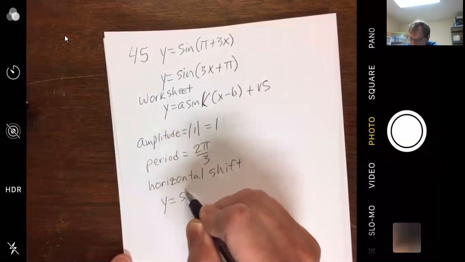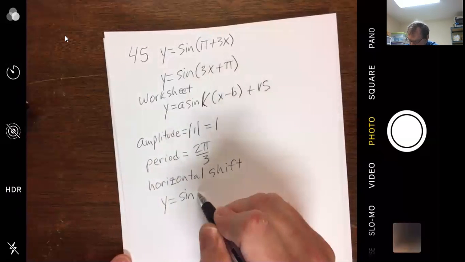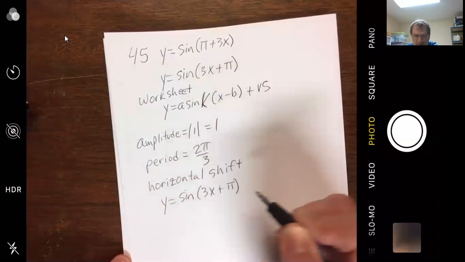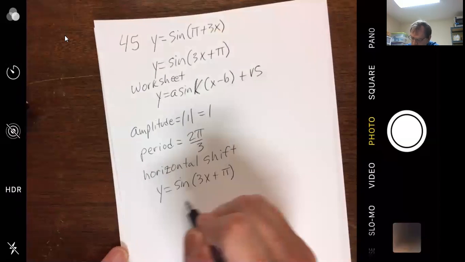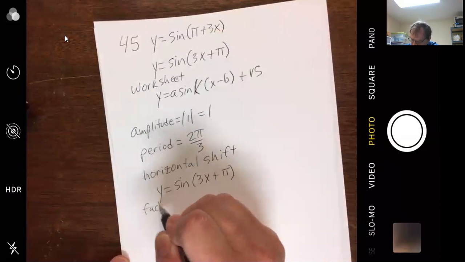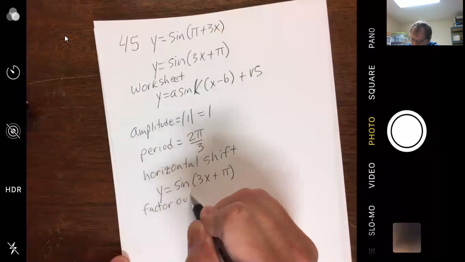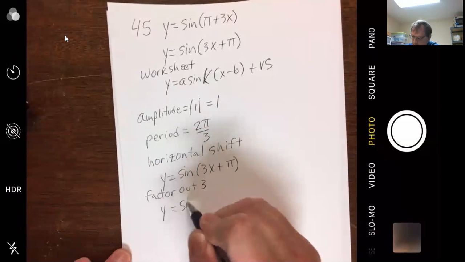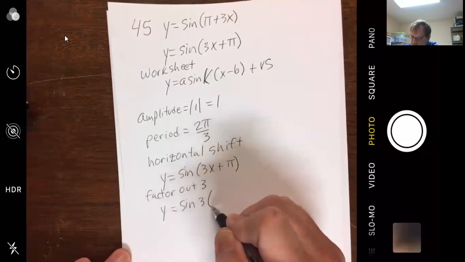Equals sine, and I've written it 3x plus pi. Okay, need to factor out the 3. Equals sine of 3, then a parentheses, then your x.